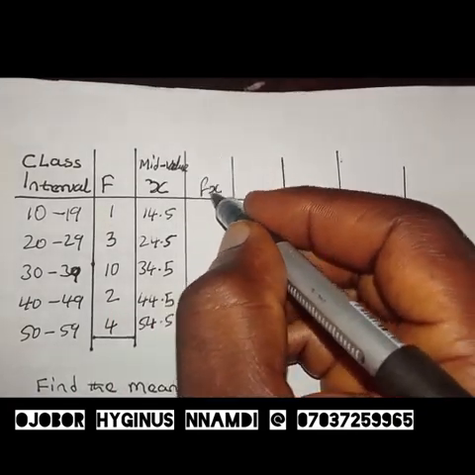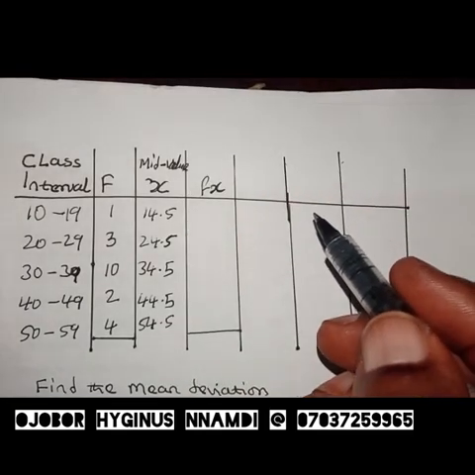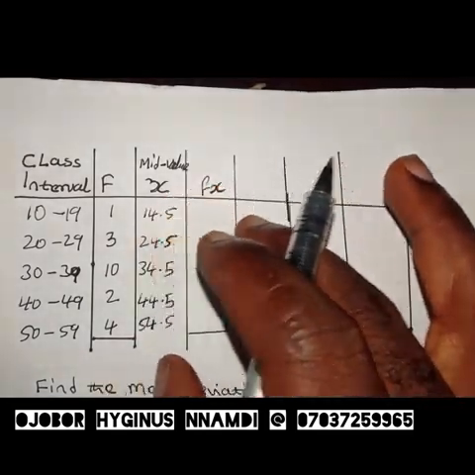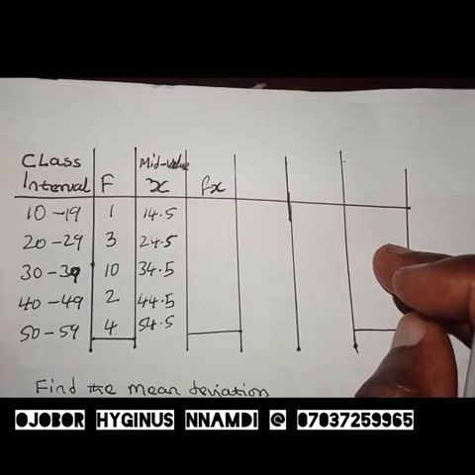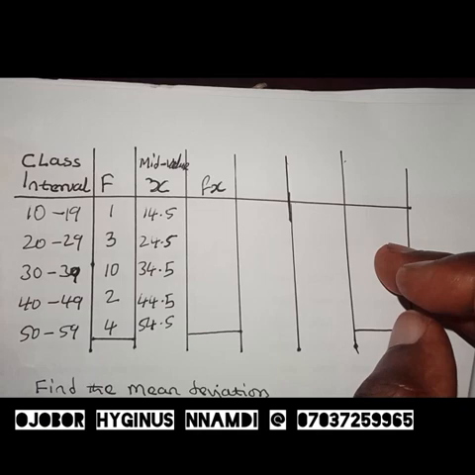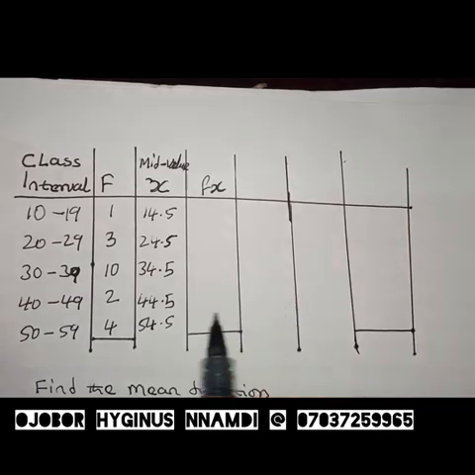fx. Okay, I'd say that the formula is what will determine what the content of the table will be, whether it will have 3 columns or more. So let's look at that.